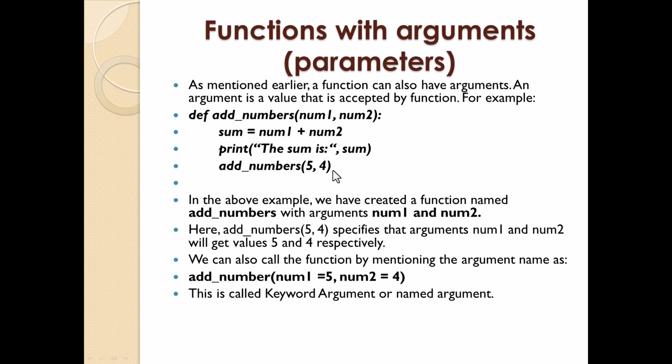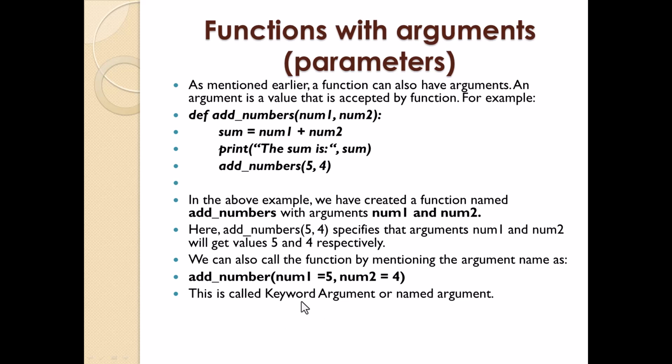So 5 for num1 and 4 for num2. We can also call the function by mentioning the argument name this way: add numbers, num1 equal 5, num2 equal 4.